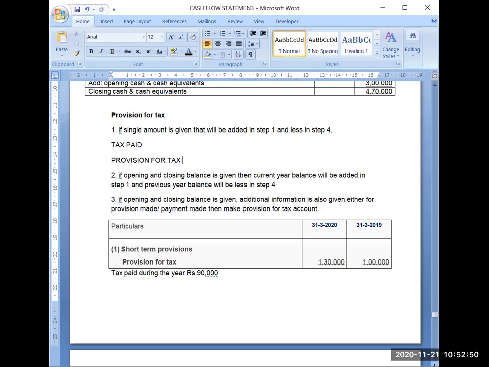Single information means only 1 year information, or you can say current year information. What has been done regarding tax in the current year, that is only given in the question. Then how to deal with that in the solution, when you are preparing cash flow statement. So either it will be given or it will be given. Any one information will be given to you.